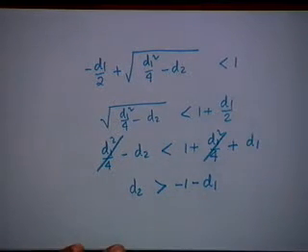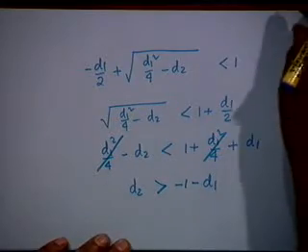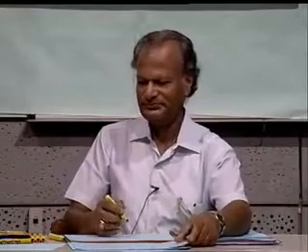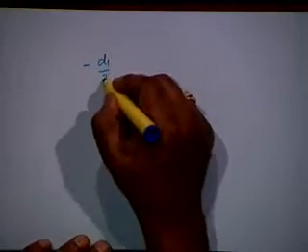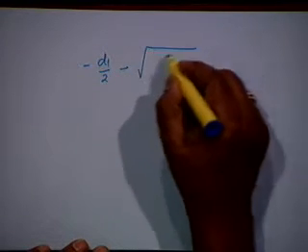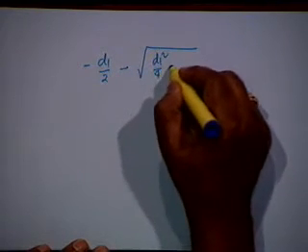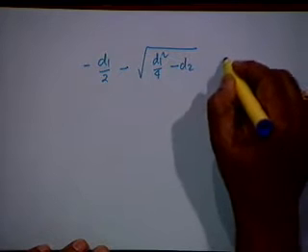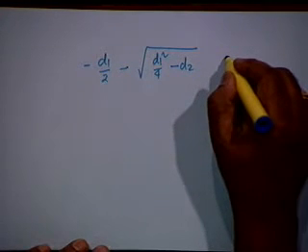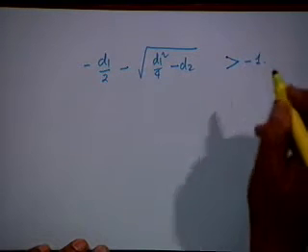In a similar manner, if I take the other one, that is, let us do that, minus d1 by 2 minus square root of d1 square by 4 minus d2 should be greater than or less than? Greater than minus 1.